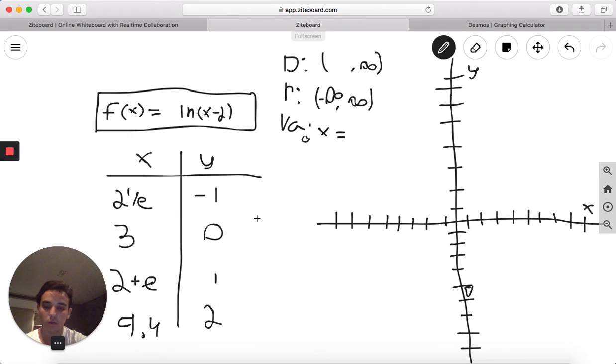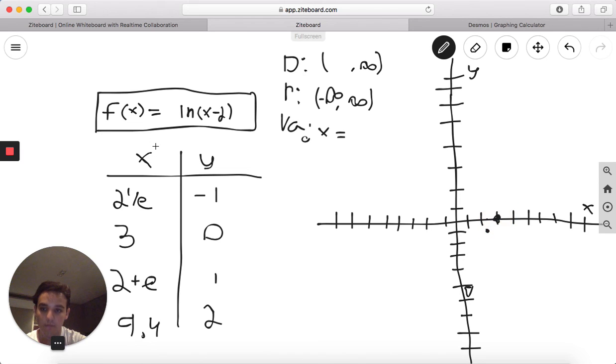So we're gonna start graphing. When y equals -1, x equals 2 plus something minimal, so it'll be around here. Then we're gonna have x equals 3, so 1, 2, 3, and this will be right over here.